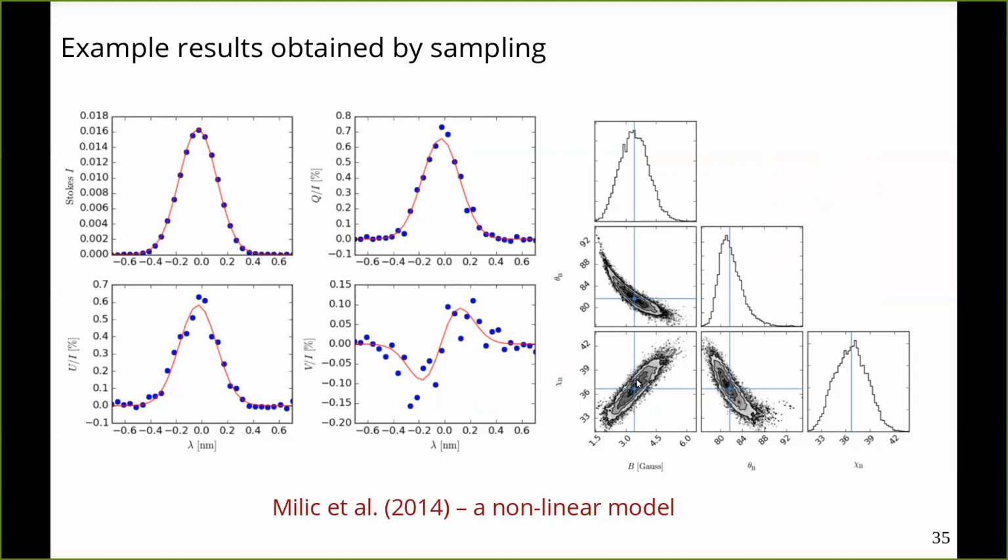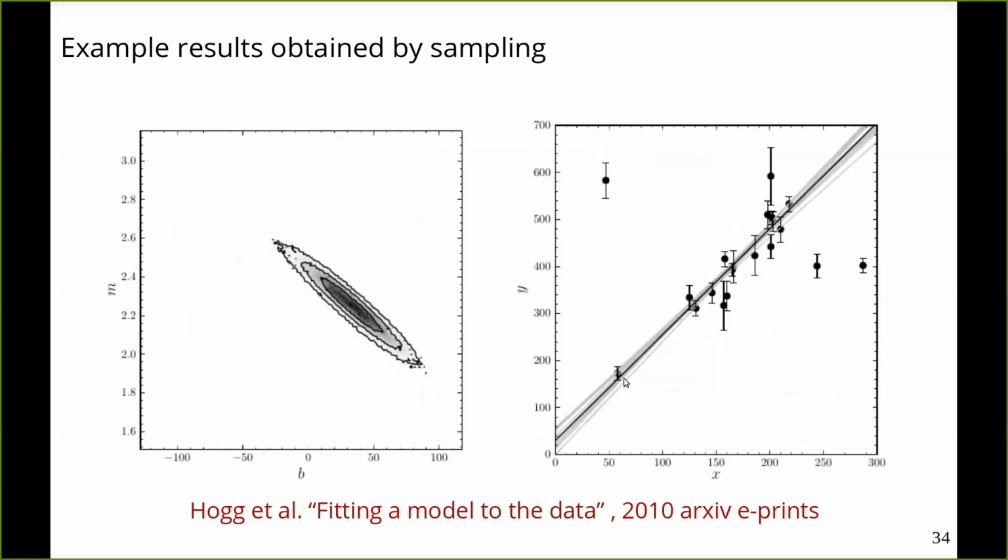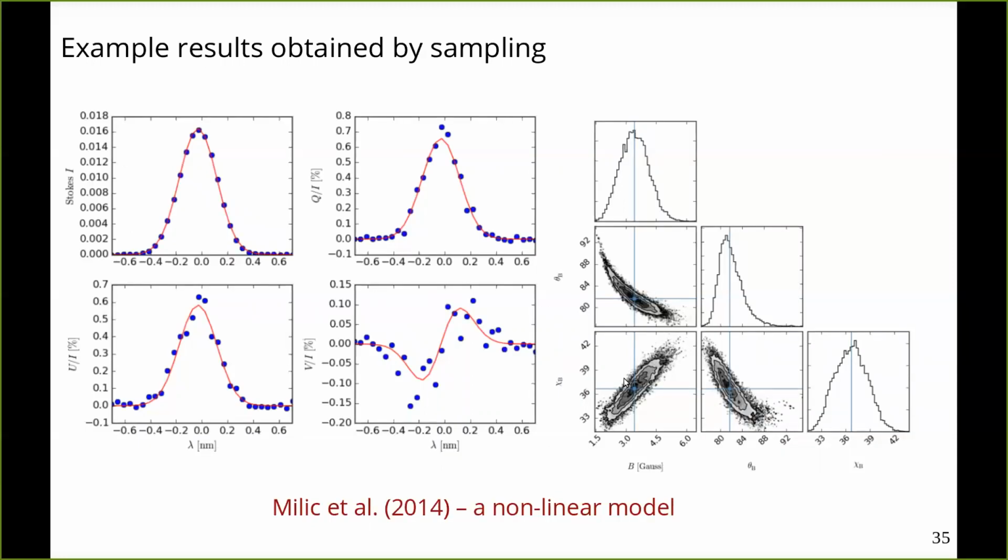Now you see that they look a little bit like what we saw here, but in some combinations, for example, magnetic field. So let me first teach you how to read these plots if you have never seen them before. This is something that we call triangle plots, or corner plots, actually maybe a better way.